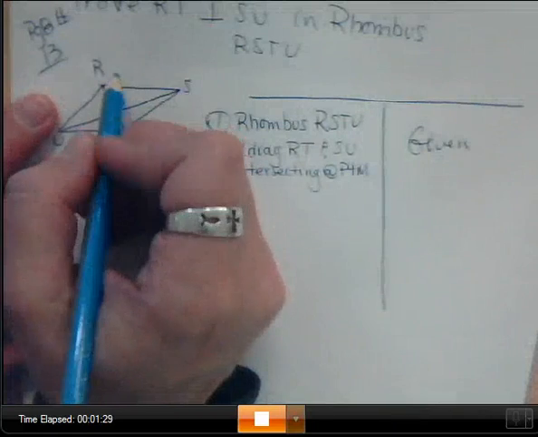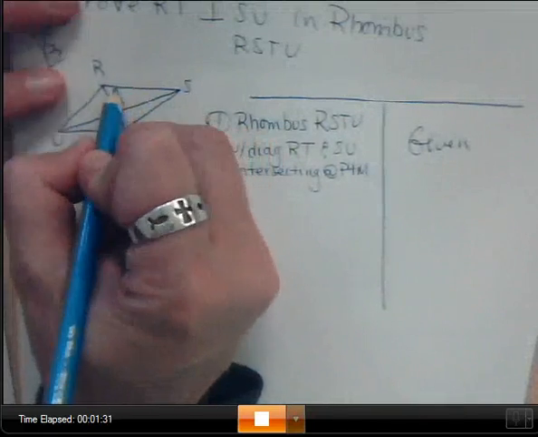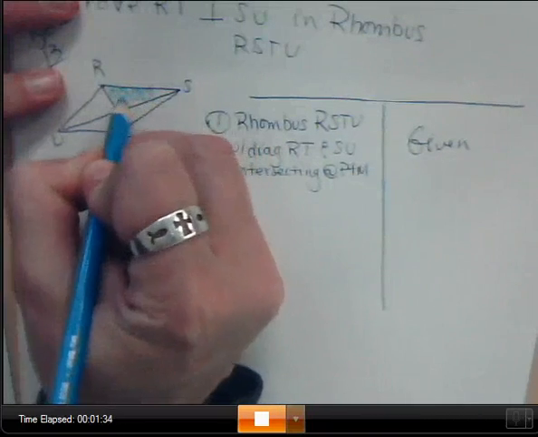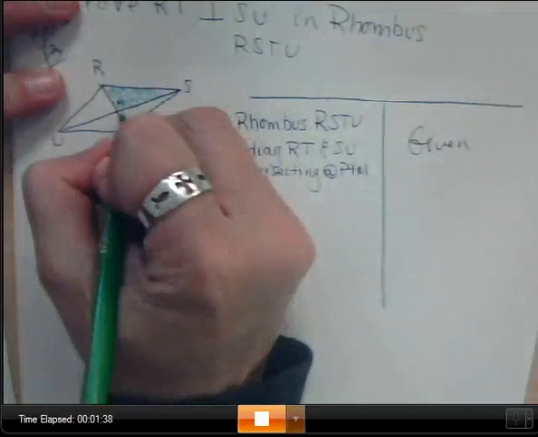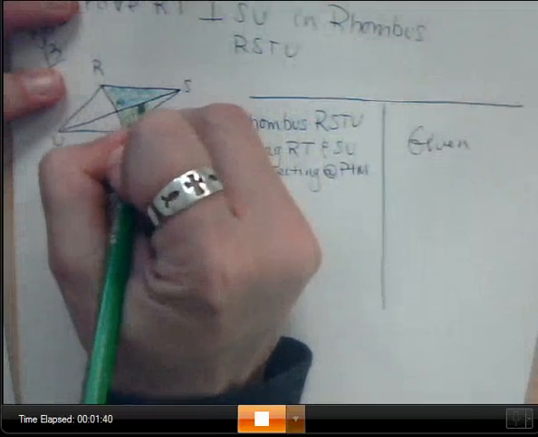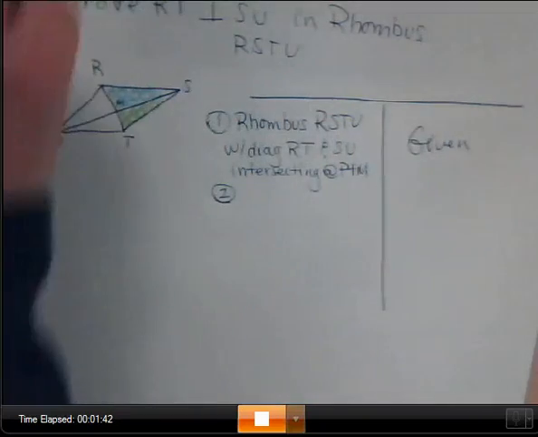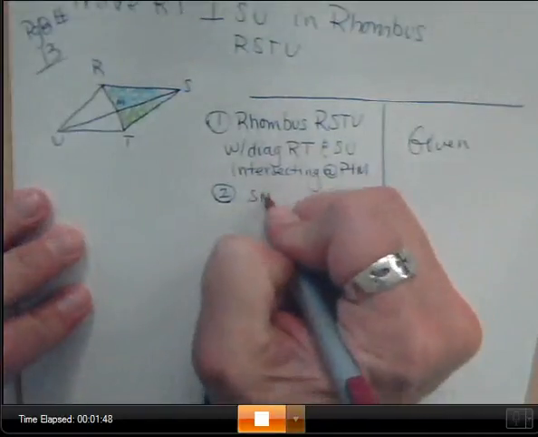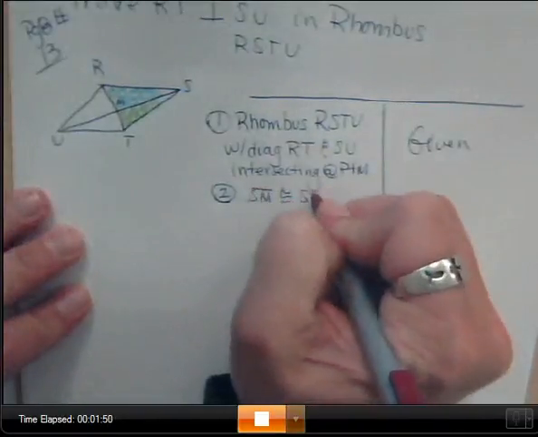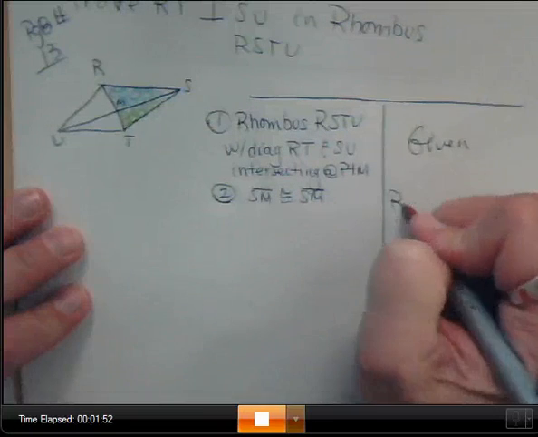We want these two triangles right next to one another to be congruent. In that one we used that common side, what's our common side in this one? SM. Okay, so SM is congruent to SM, reason? Reflexive.